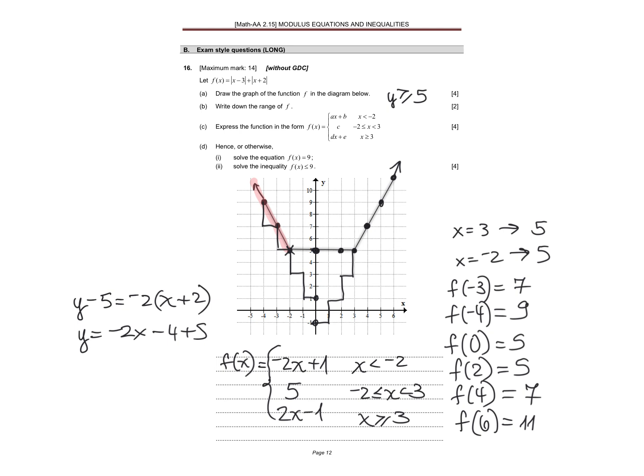So hence or otherwise solve the equation f at x equals 9. So that's going to be here for x is 5 or x is -4. And the inequality f at x is less than or equal to 9. So we want from -4 to 5.